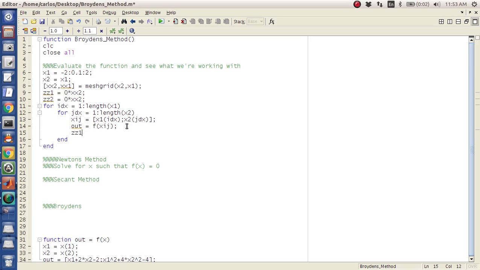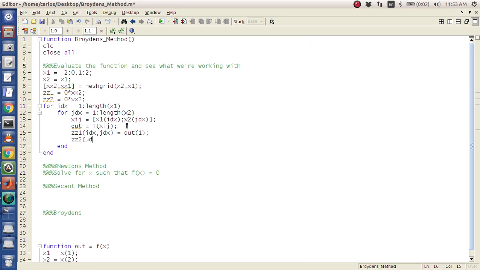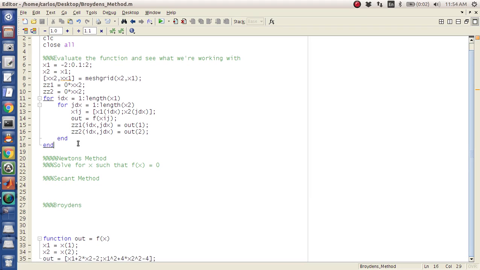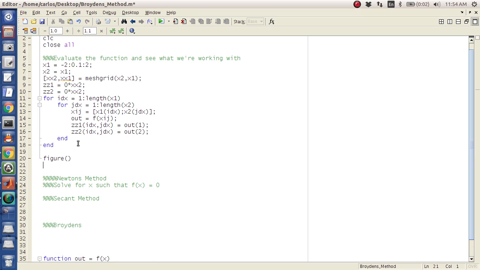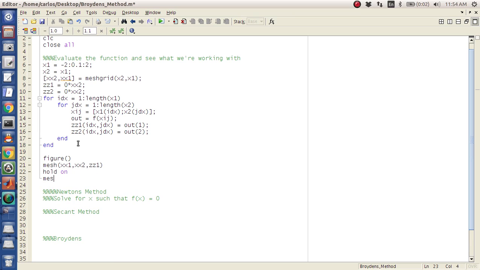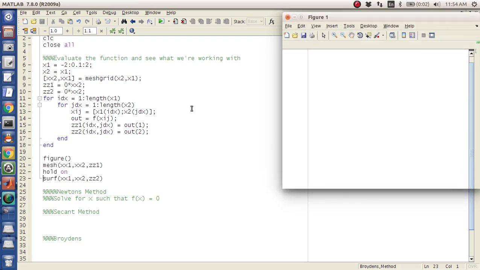And then I'm going to put it into my two matrices, where the first row of the output is the first function, ZZ1, and the second row of the output is the second function. And then I'm going to make a figure, and I'm going to mesh xx1, xx2, zz1, hold on, and then I'm going to surf the second one, see what happens, and run that.